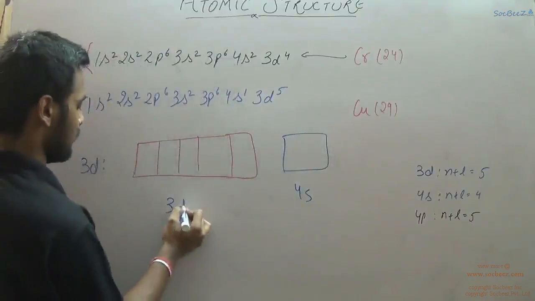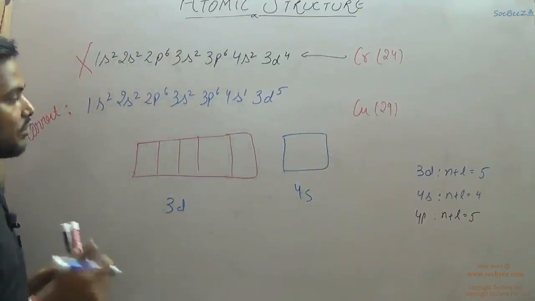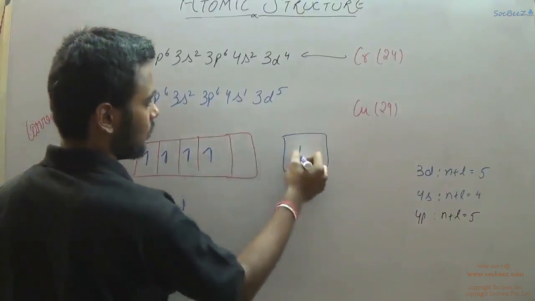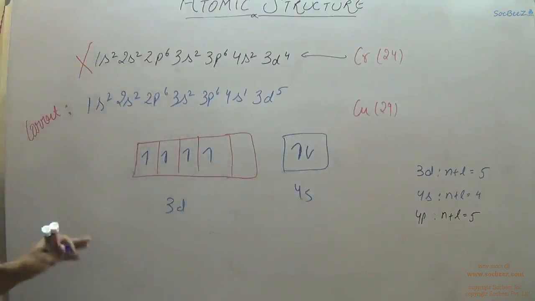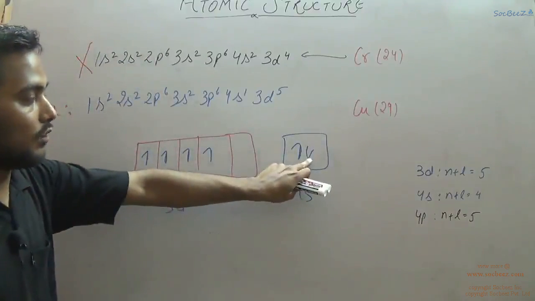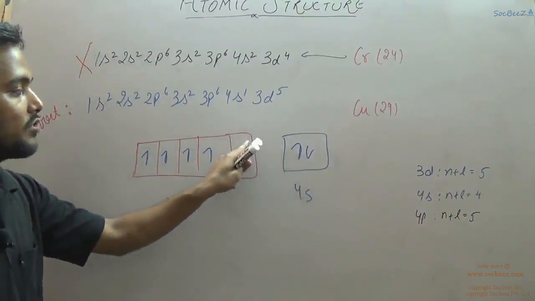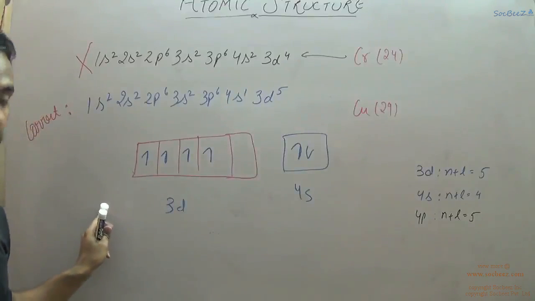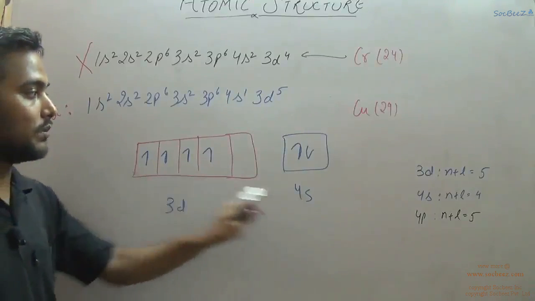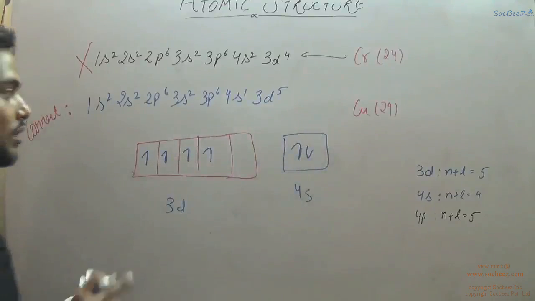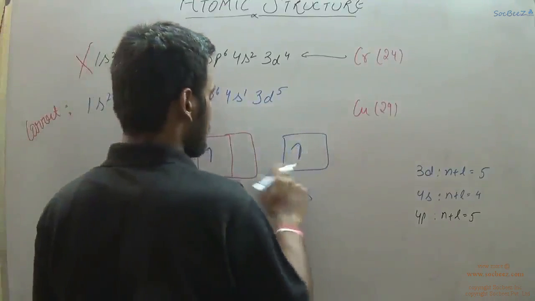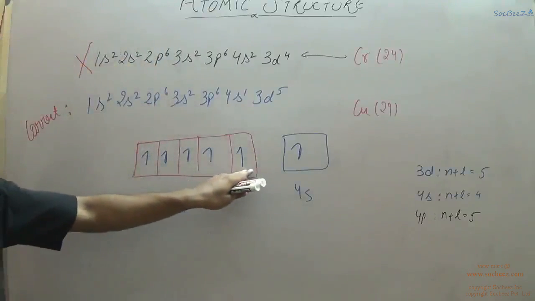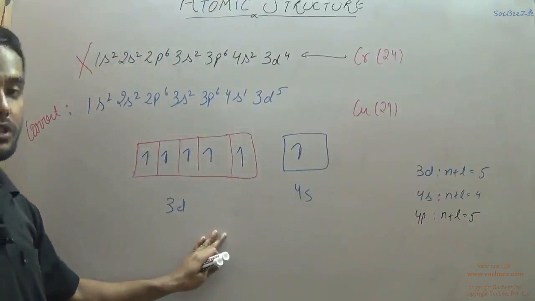The configuration should have been this, but since the addition of one electron over here will make the 3d orbital half filled, and relatively more stable, one electron jumps from the 4s and gets here, making this arrangement more stable.